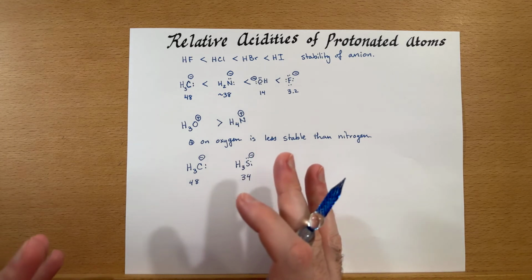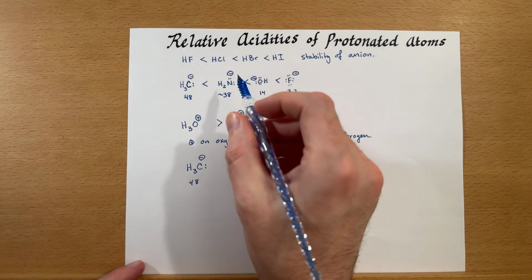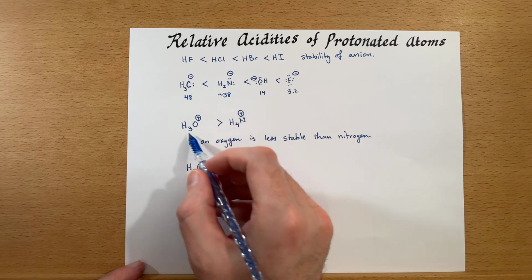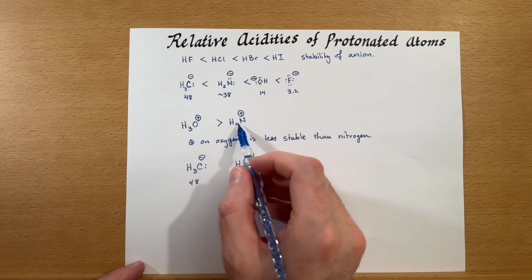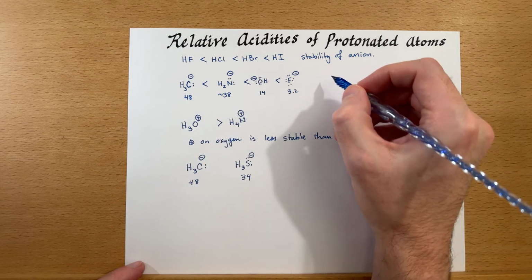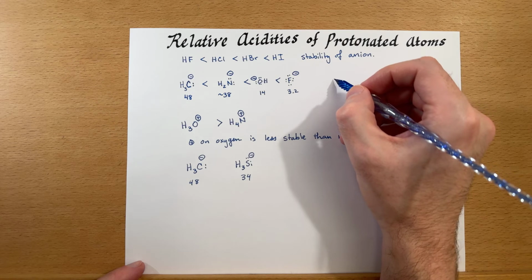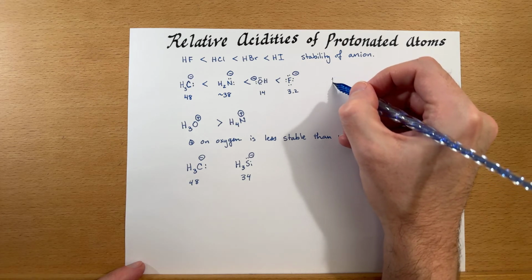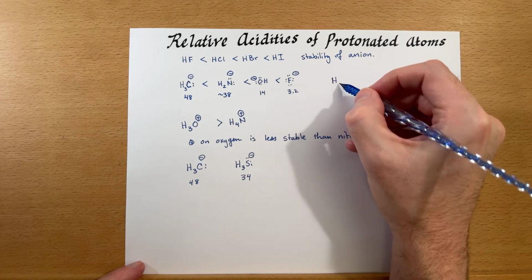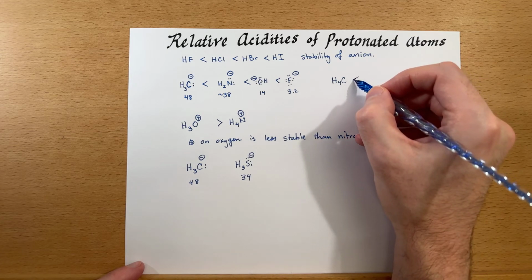Now, just to be clear, when I say acidities, I'm talking about these particular species. But up here, I'm really comparing methane to ammonia to water to HF, right? Maybe I wasn't super clear on that.